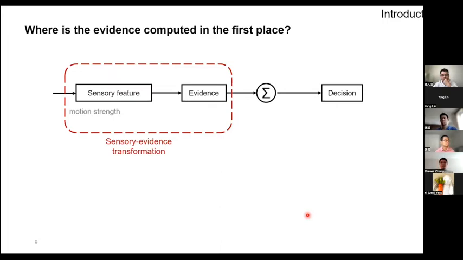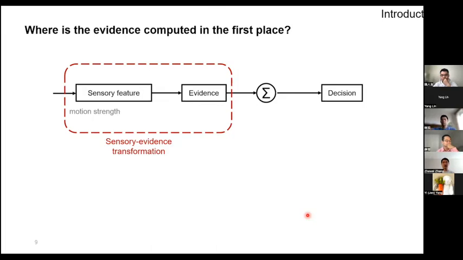When the evidence is determined by one single sensory feature, then the evidence can be accumulated directly without any other processing. But if the sensory feature is actually correlated with the evidence, it will be very difficult for us to discriminate the signal representing sensory cues and that of evidence.